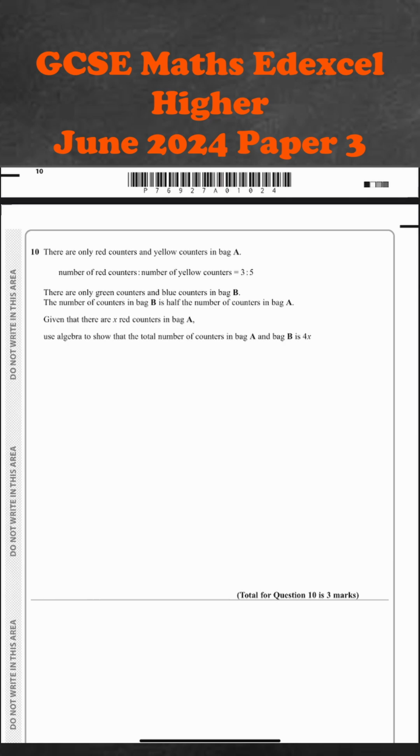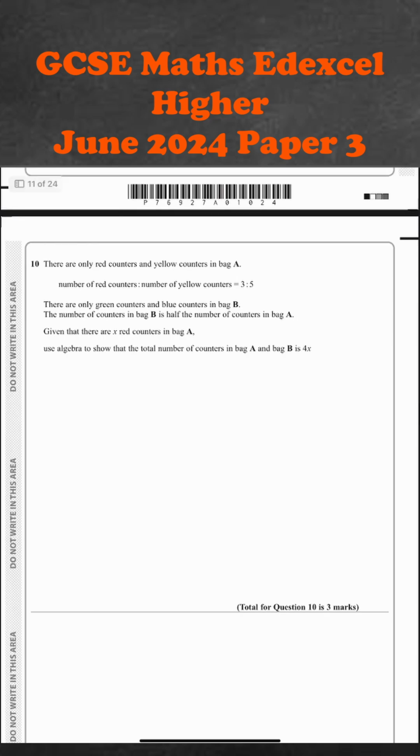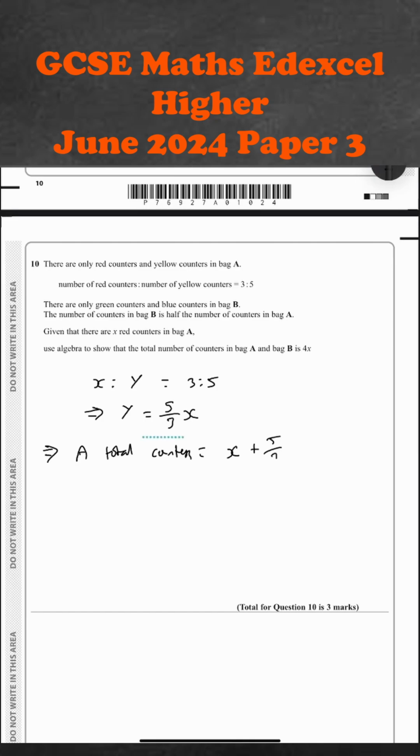Okay, so we know there are x red counters. So x compared to yellow equals 3 to 5. Therefore, yellow counters equal 5/3 of x. So that means bag A total counters equals x, which is the red counters, plus 5/3 of x, which is the yellow counters, which is going to be 8/3 of x.